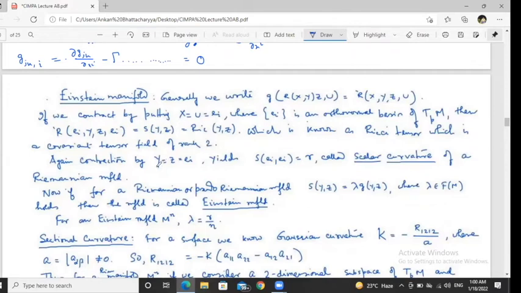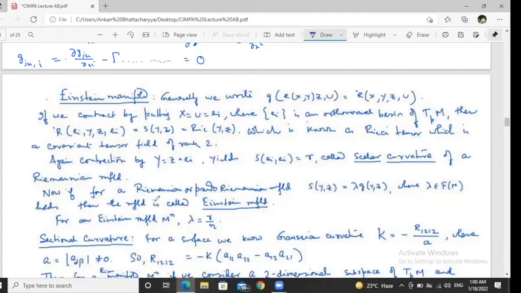And if we put Y equal to Z equal to e_i again, then we denote this by r. It is the scalar curvature of the Riemannian manifold. After contracting the first and last, we get the Ricci tensor, and then by contracting again we get a scalar quantity which gives some curvature of the space. So this is the scalar curvature of the Riemannian manifold.